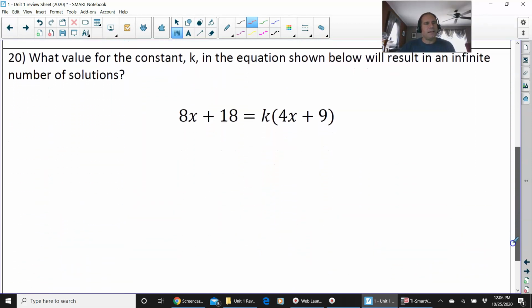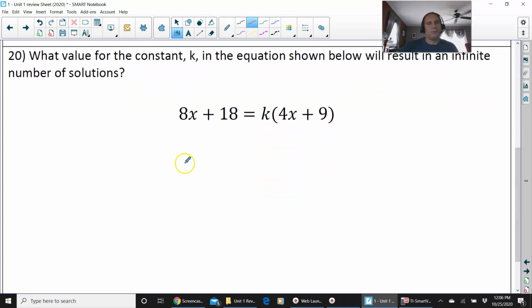So number 20, and the last question in that multiple choice section for our test: what value for the constant k, so this is a number, all right, but then we're not giving you the number, in the equation shown below will result in an infinite number of solutions.